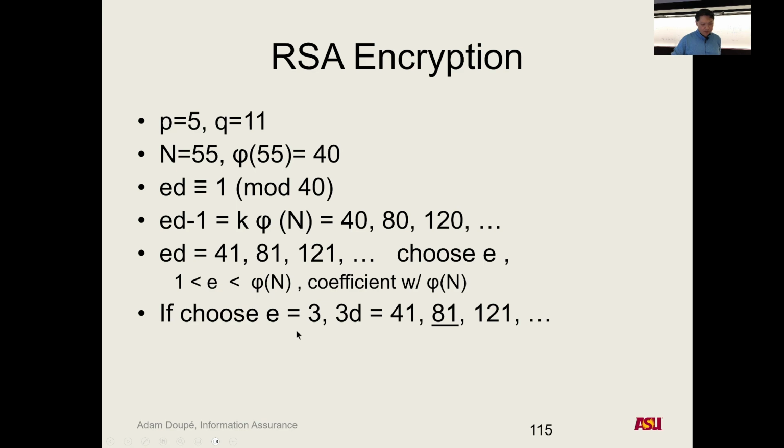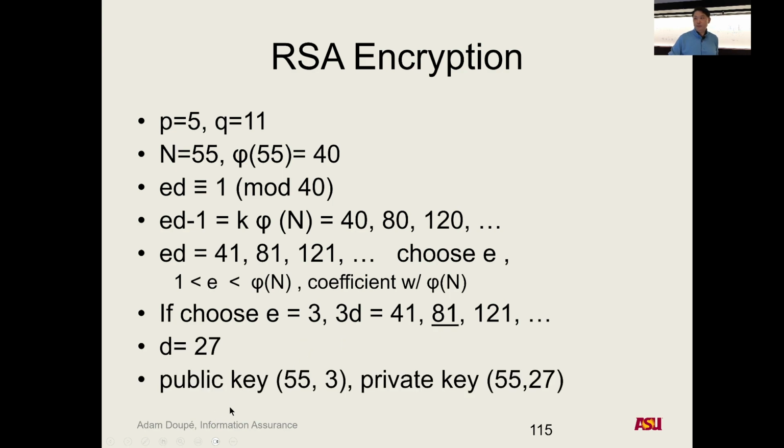If you choose E as 3, then 3D is 41, 81, 121. Among these values, we can get D equal to 27, right?